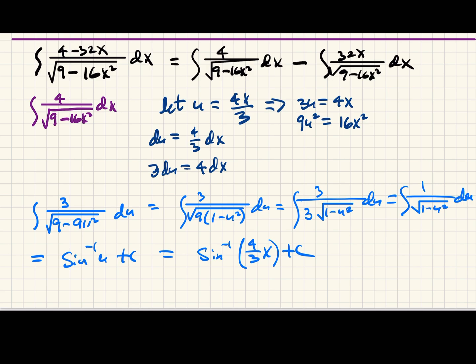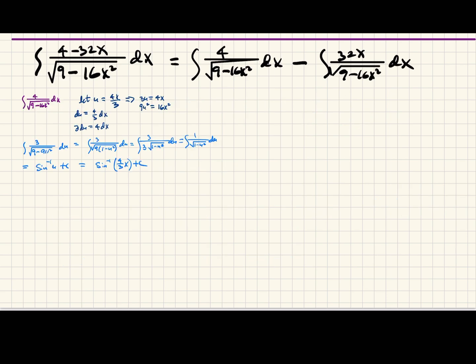Now, how did I decide on 4/3 x? I looked at the ratio of the first one and the last one, the 16 and the 9. Let's look at the integral of 32x over square root 9 minus 16x squared dx.